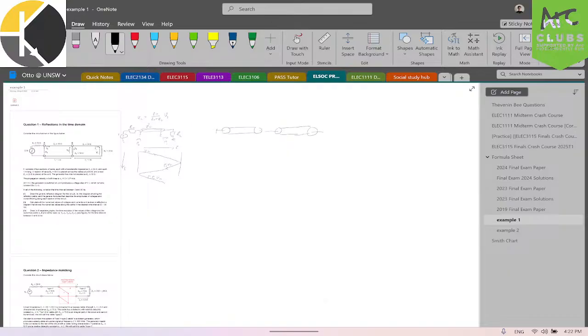You have some source resistance of 50 ohms, some voltage source of magnitude 1. This Z0 is 50 ohms, and then between them you also have some kind of resistance. And here you have your load resistance, which is 25.